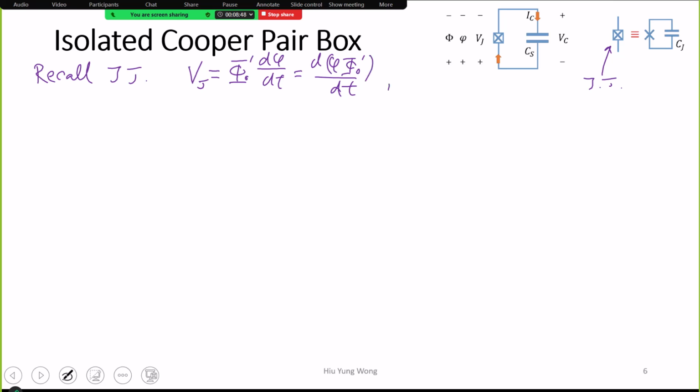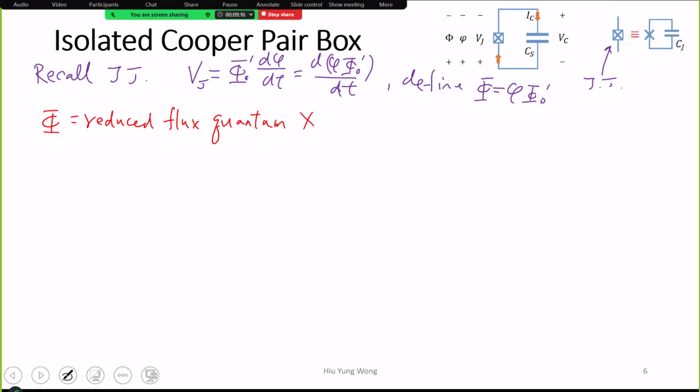And I would like to define a quantity just called flux, equal to the phase times the reduced flux quantum. Basically I define a quantity phi equals the reduced flux quantum times the Josephson phase.